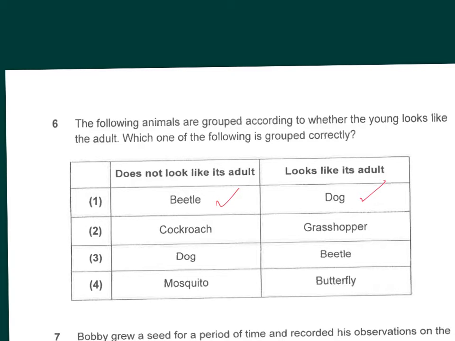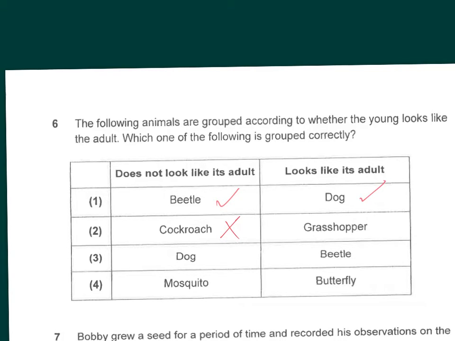Yes. Just to refresh your memory, for option 2, the cockroach has got a 3-stage life cycle, beginning with an egg stage, followed by its nymph stage, and the adult stage. So you must remember that anything that has got a nymph stage would have the young look very similar to its adult. So in this case, this cockroach is not possible.